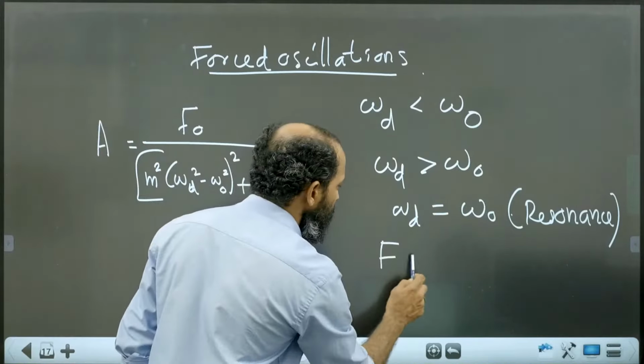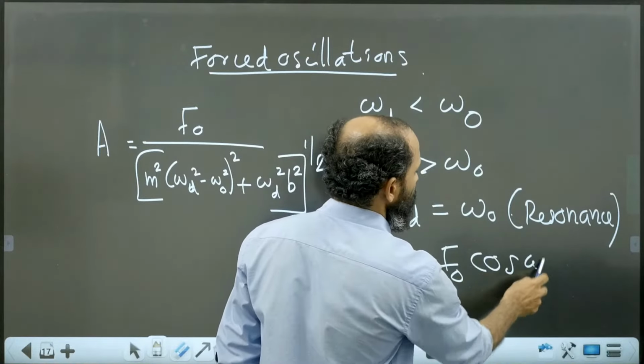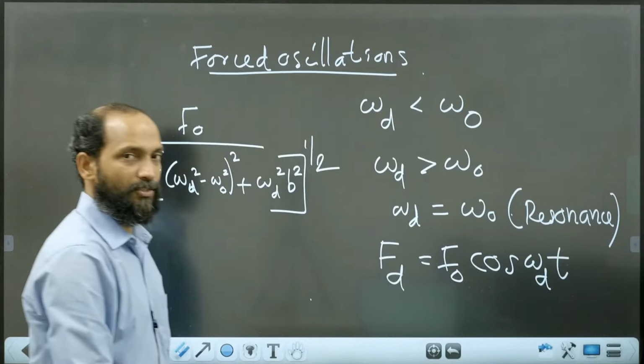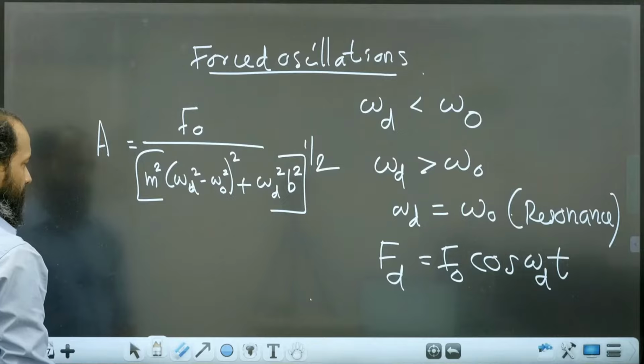Maybe that periodic force Fd is F0 cos omega d t, of this form. Then there is no confusion. b is the damping coefficient.